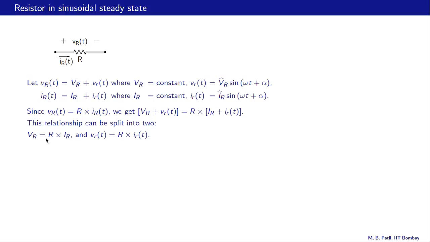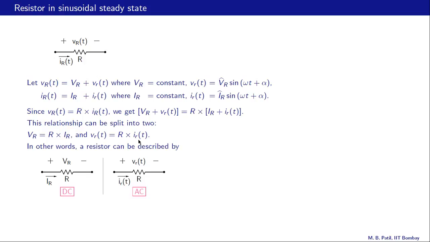These are the DC quantities VR and IR, and these are the sinusoidally varying quantities. In other words, we can think of a resistor in this situation where there is a DC and sinusoidal part to be described by two circuits, a DC circuit and an AC circuit.